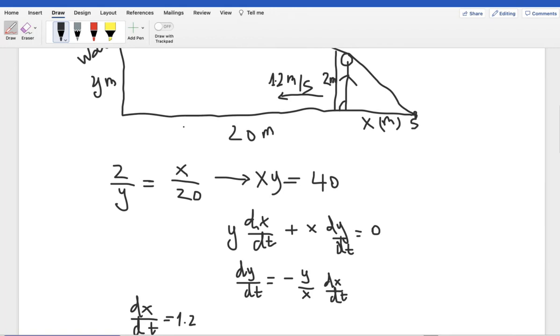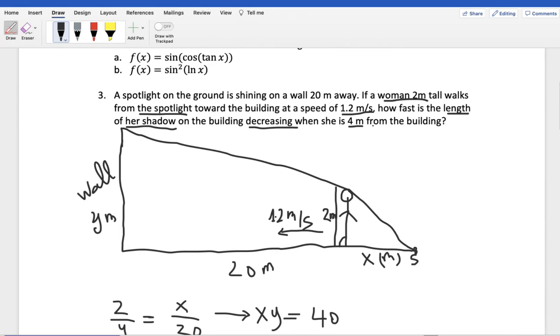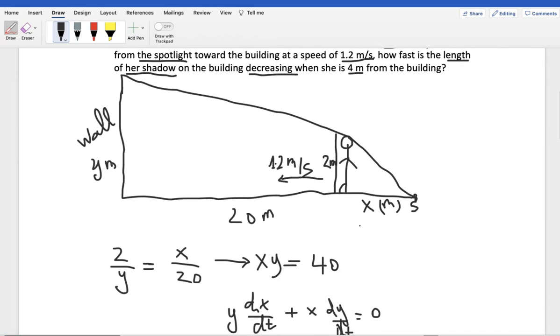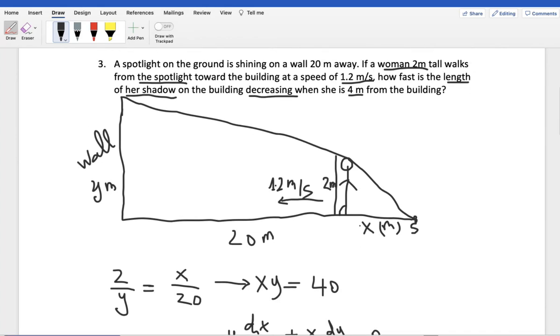And the question is asking us what is dy/dt when she's 4 meters from the building. She's going towards the building.